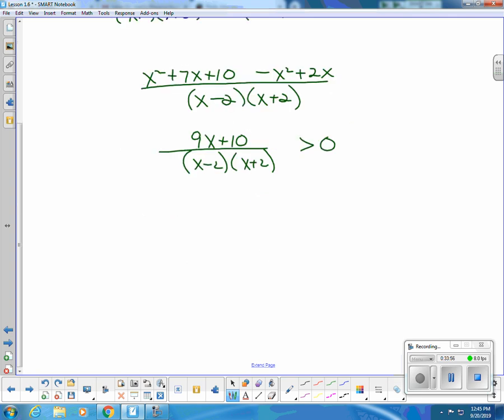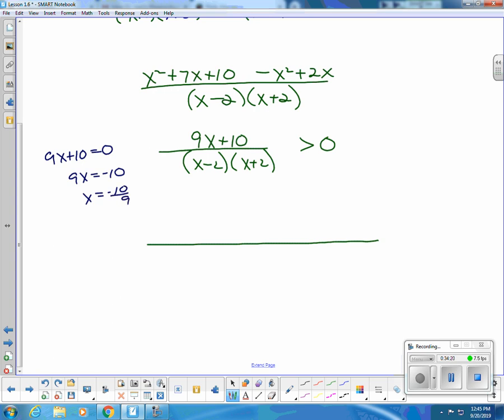All right. So there's our rational function that we want to test. From the top, what do you get? I mean, if you need to come over to the side and set it equal to 0, you can do that. So x equals negative 10 over 9.